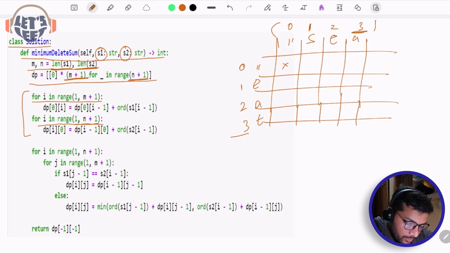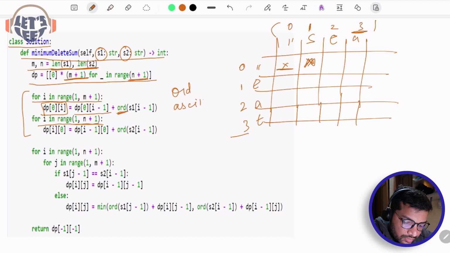Okay, now the DP, this m plus 1 into n plus 1 matrix, for the 0th row and first column, that is this one, what it will store is the value of its preceding cell plus ord, this ord function gives the ASCII value.